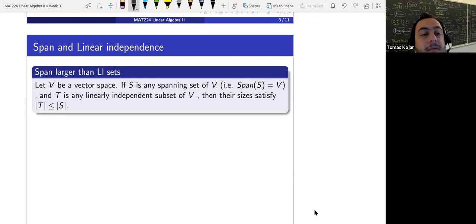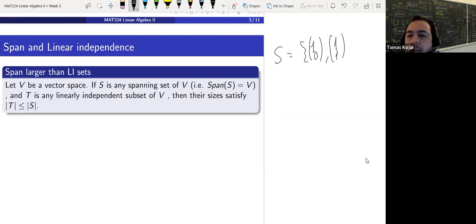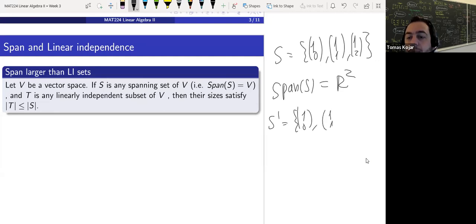Okay. So here's the thing. We have linearly independent sets, and we have the concept of span, right? So for example, you have (1, 0), (1, 1), and (1, 2). Now this guy has span equal to R2, right? It's the whole space. But the same is true for S prime, where you just kept the first two. You also have span of S prime to be R2, right?